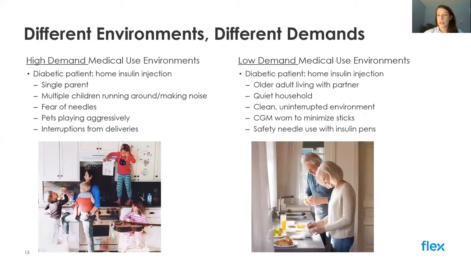Now, another diabetic patient with maybe home insulin injection could have a much easier time. It could be quiet. They could live with a partner. Maybe they're an older adult. It could be something where they don't have to stick themselves that many times because they wear a CGM and they've gotten comfortable with it. The needle might have a safety needle on it.